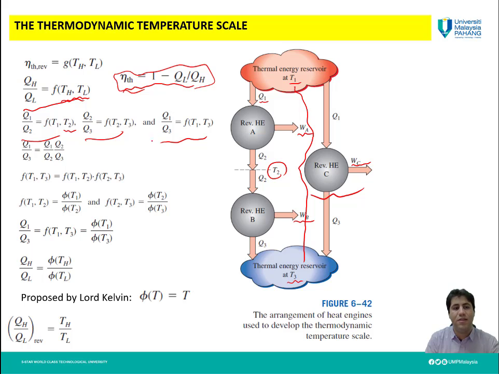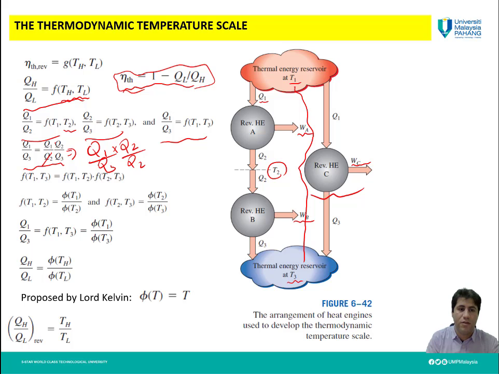If you look at this equation, we can write Q1 by Q3. Simply, we can multiply the numerator and denominator by Q2. Then Q1 by Q3 becomes Q1 multiplied by Q2, over Q2 multiplied by Q3.